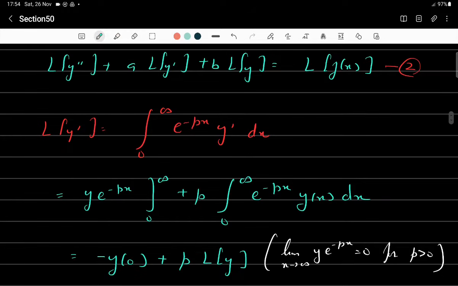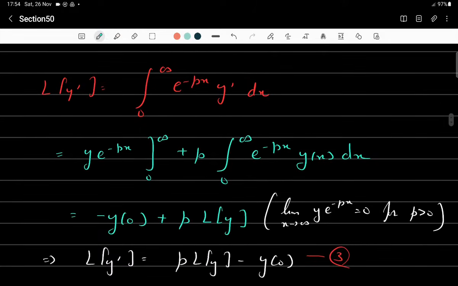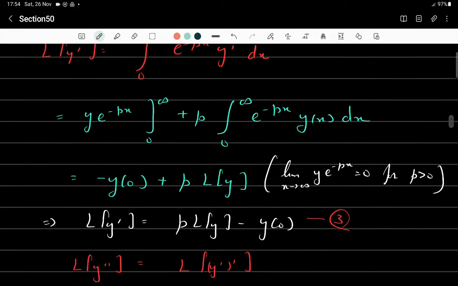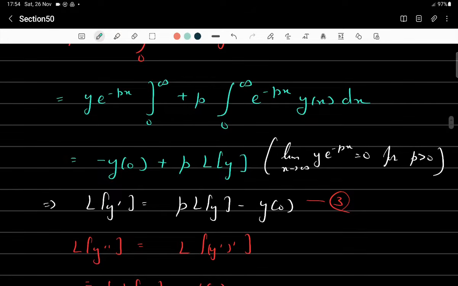Now compute L of y double dash. For computing L of y double dash, if you use the definition, you may kill a lot of your time. So better is to use L of y dash which we have computed, because you can write y double dash as y dash and dash. So L of y double dash is L of y dash and dash. It means in equation 3 you replace y by y dash.